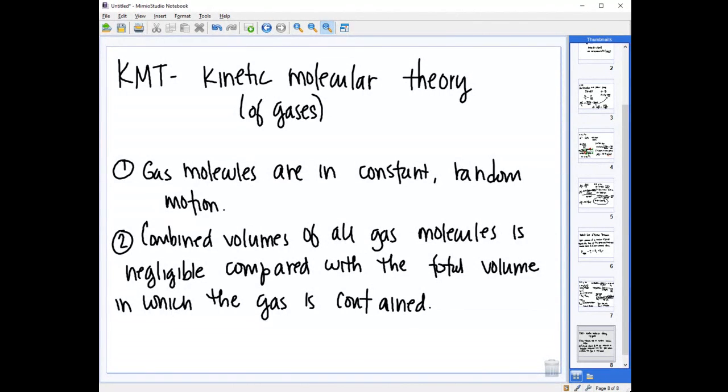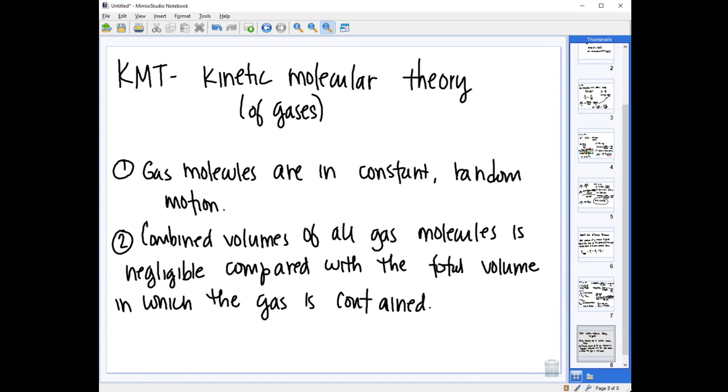So what we're saying here, number 2, is that the combined volumes of all of those different gas molecules is really negligible compared with the total volume in which it's contained. So for instance, you may have a liter of gas, but you put that in a room that has a total volume of 1 million liters.